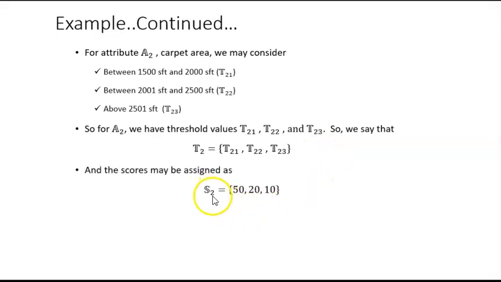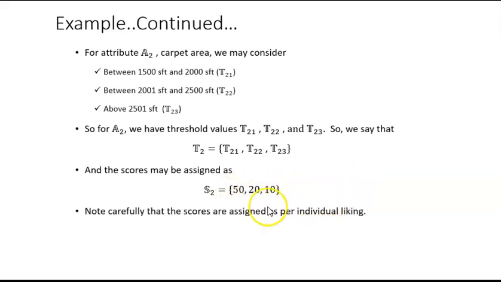And we chose, let us say, the scoring pattern for S2 as 50, 20, 10. Now carefully see that the scores 50, 20, 10 are assigned as per individual liking. It has nothing to do with any fixed thing. I chose these scores.